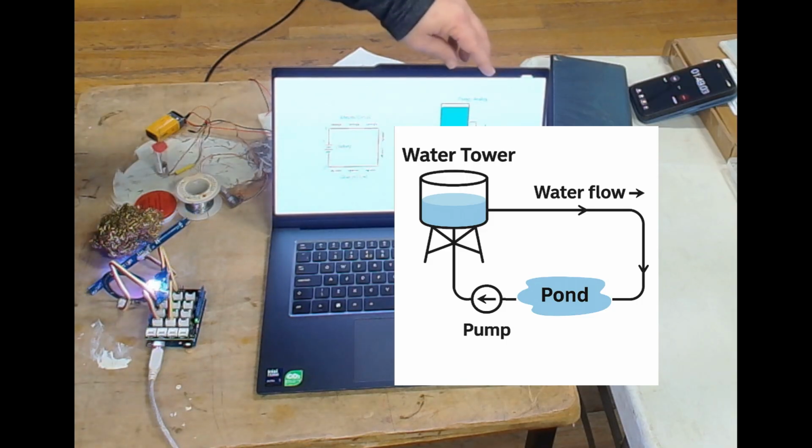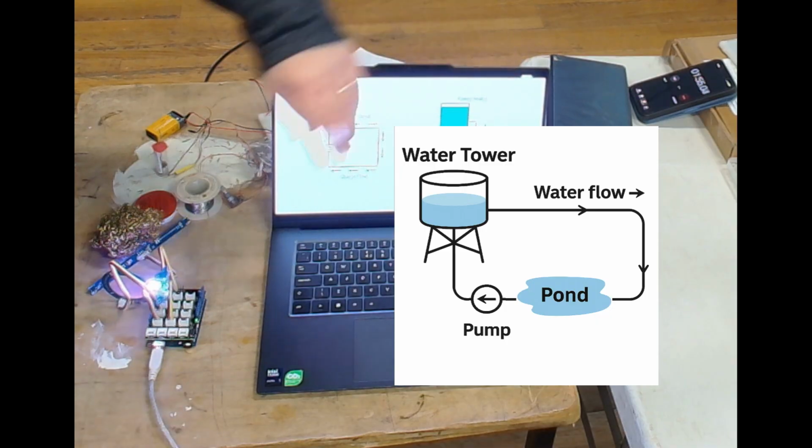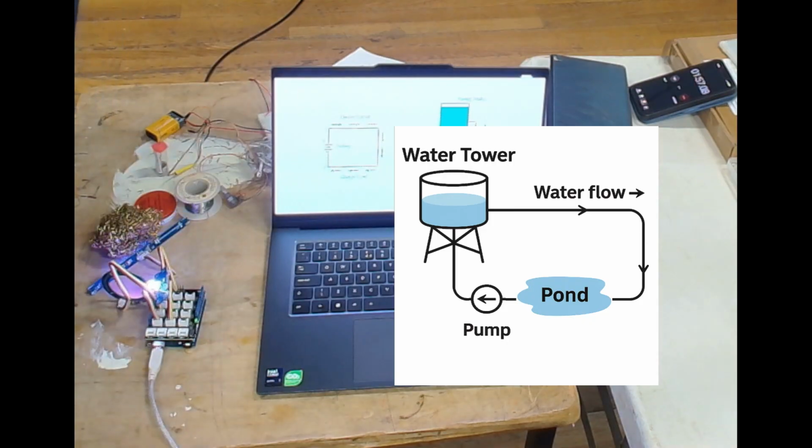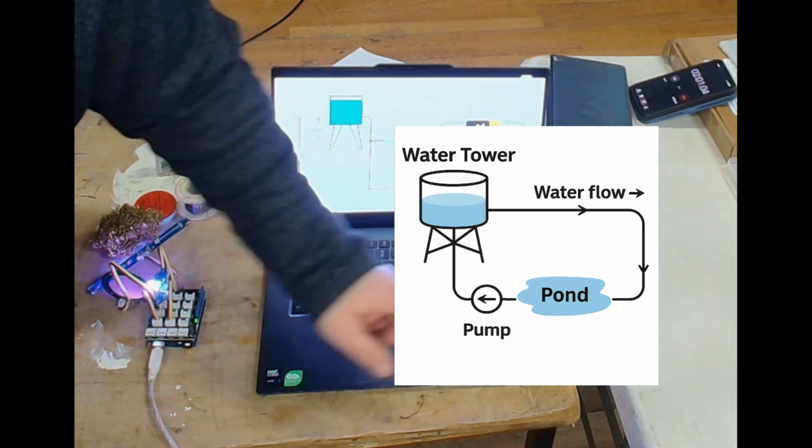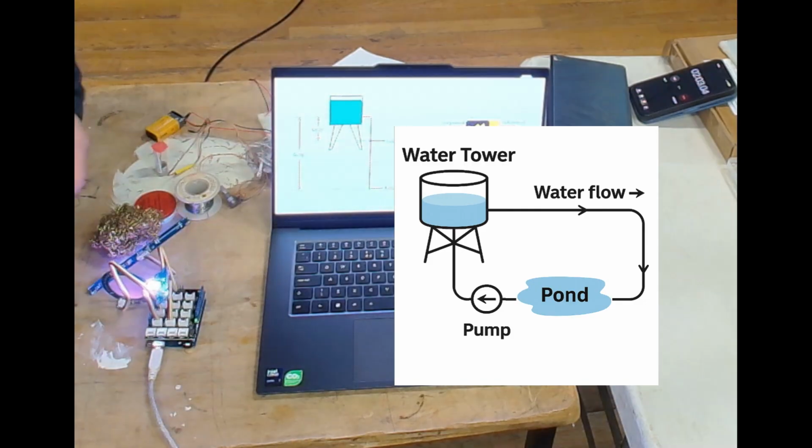So it's exactly the same with electricity. The height of your trough would be analogous to the voltage. So the higher your trough, the bigger the voltage.